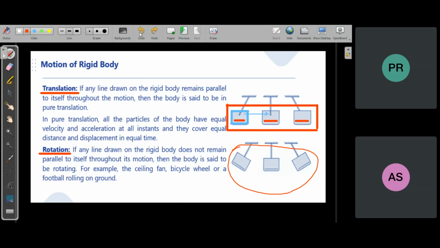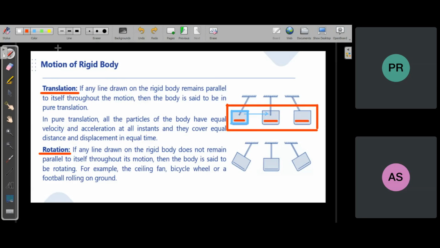Now how will you describe rotation? A body is said to be in rotation if all the particles of the body go in a circle. So here you can see the particles of the body will be going like this in a circle, and the centers of all those circles lie on a line which we call the axis of rotation.